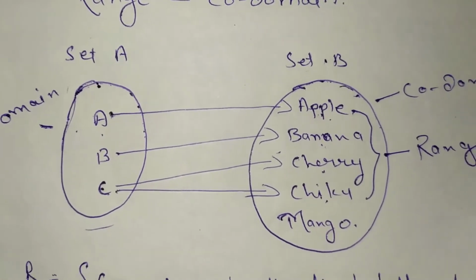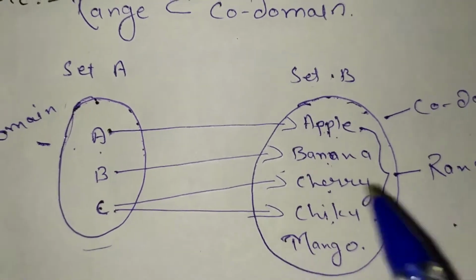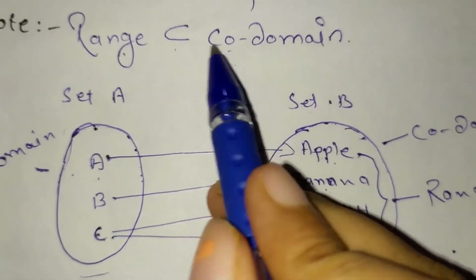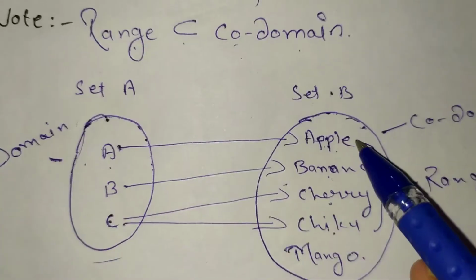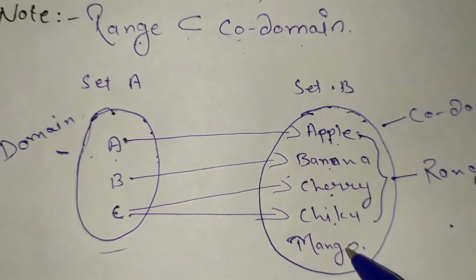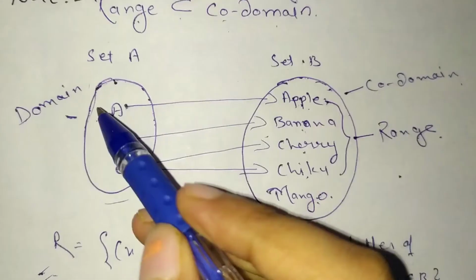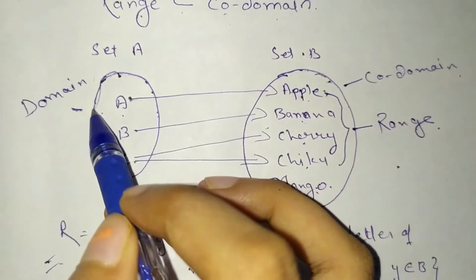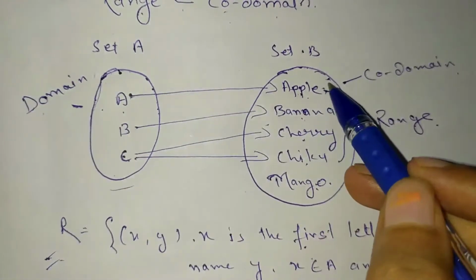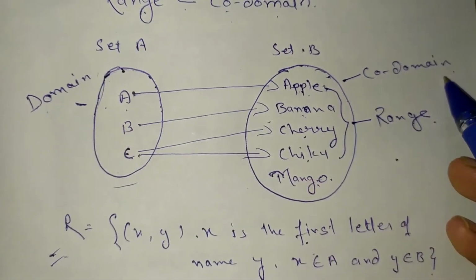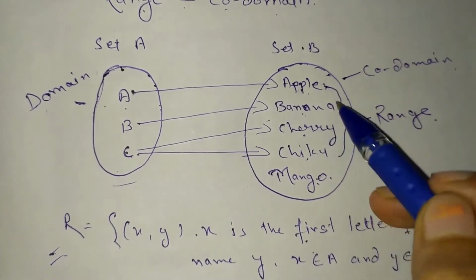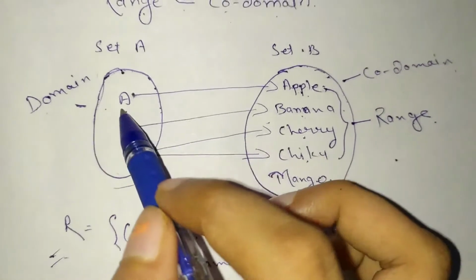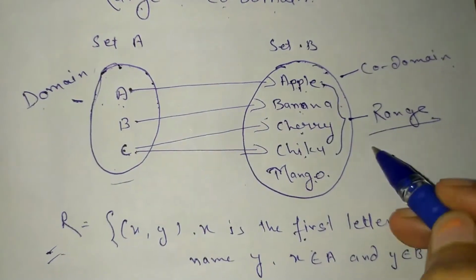So we can say that range is a subset of codomain, because range may be the whole codomain or a few of them. Now I am repeating again. Keep it in mind, where the relationship starts is called the domain and where the relationship ends is called the codomain, where the members of codomain who are in relation with the domain are called range.